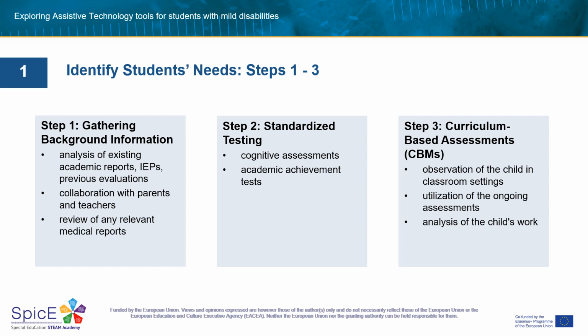Ongoing assessments aligned with the curriculum are used to track progress and identify specific skills that require additional support. Analysis of the child's written work, drawings, and projects can be used to gain insight into their learning strategies, organization skills, and areas of difficulty.